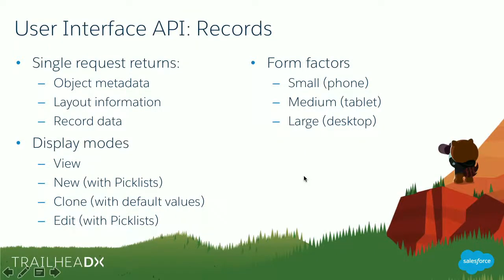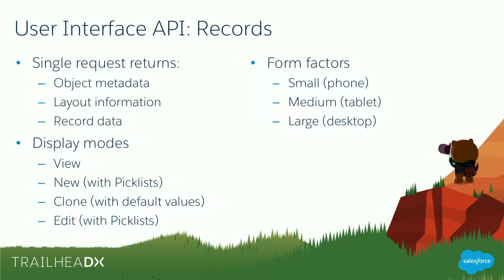OK, so you saw Chris quickly demo this. You saw how fast that was. It's great because, as I said earlier, you get the data and all the metadata that you need to render that page. The metadata that we give you reflects all the admin configuration and any changes.